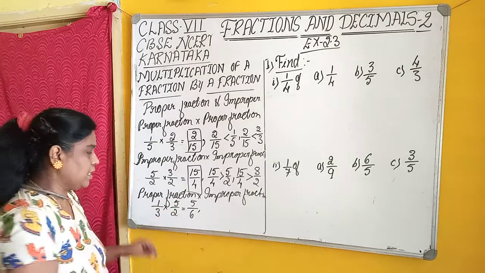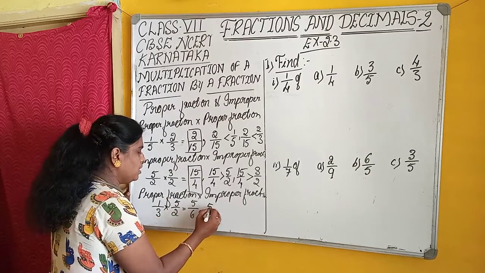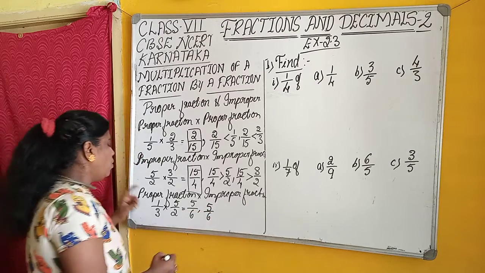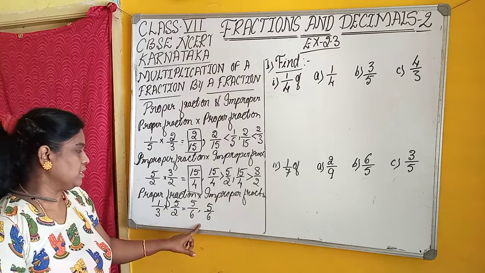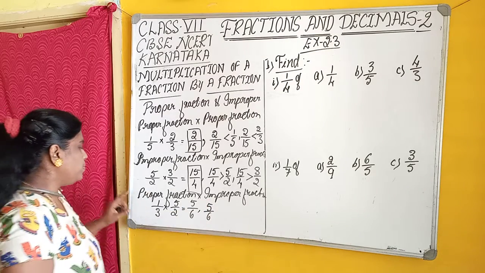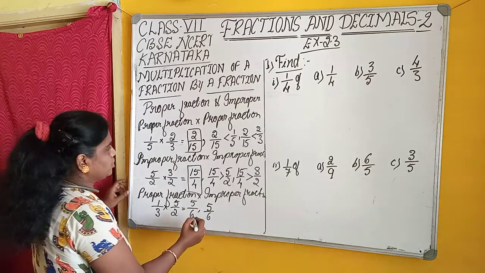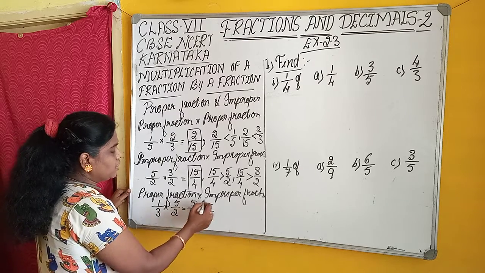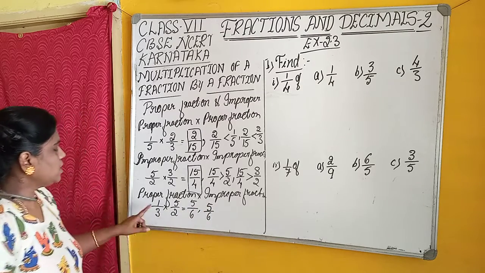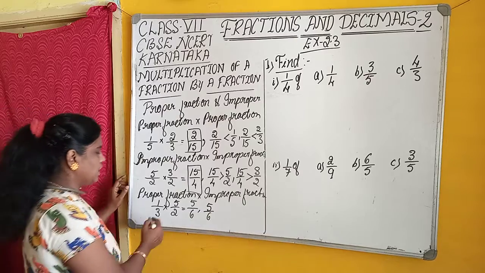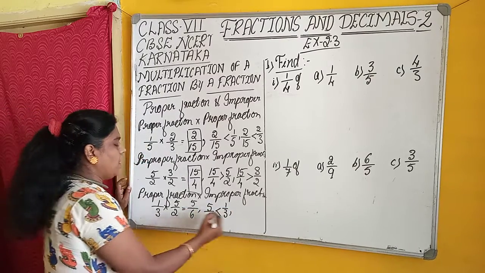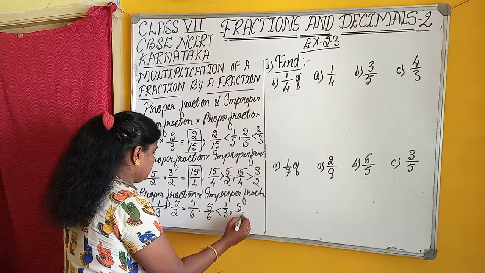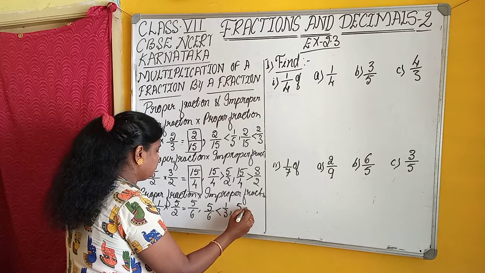This 5 by 6 is less than the improper fraction and greater than the proper fraction 1 by 3.